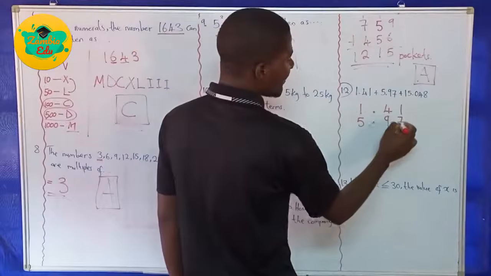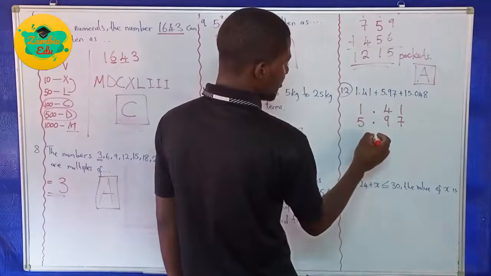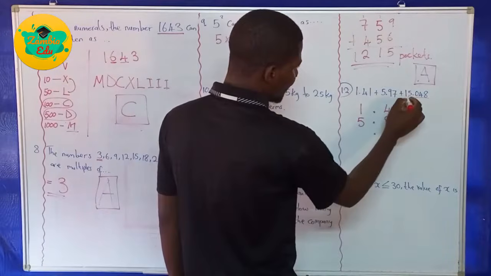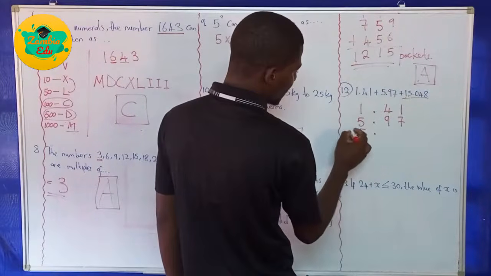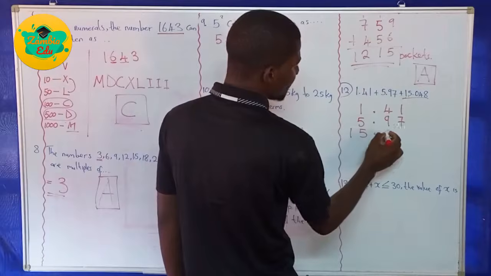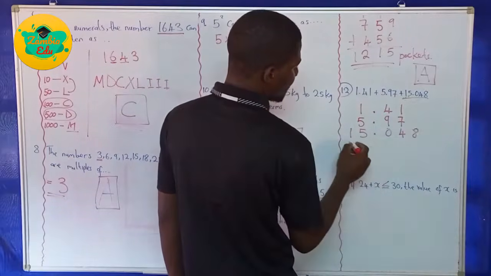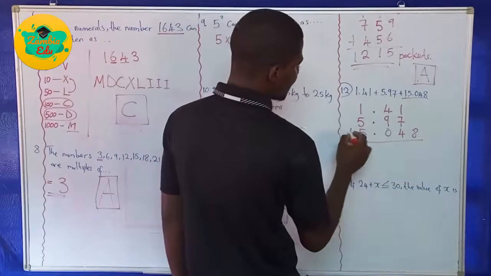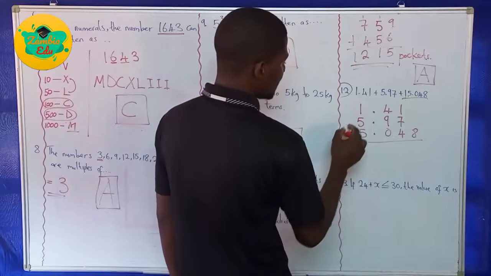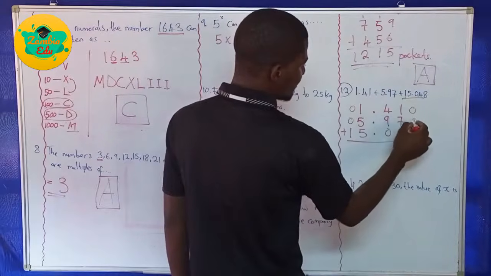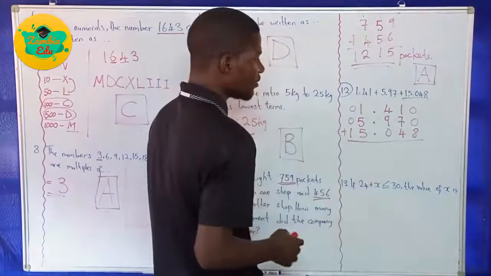So make sure even as you are adding this one, the point is already in the same line. Then 15.048. You can do that, you can add. So you can even do that if you like, so that you know the place there, the 0 is acting as a placeholder.